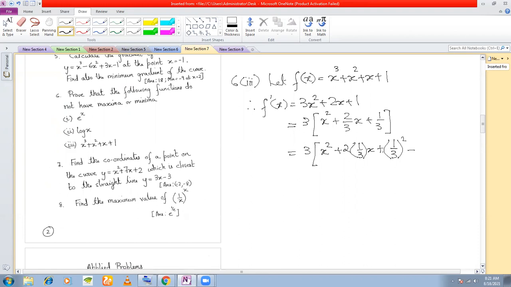That is, you are writing this as a plus b whole square form. Now, because 1/3 whole square, I have given an extra term, I subtract it. And I have this 1/3 already, so I write this back.